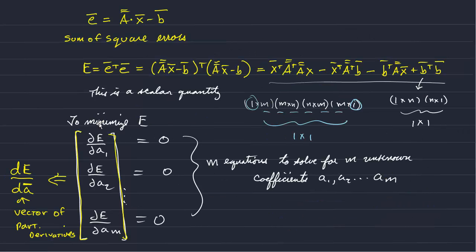And our sum of square misfits is described by this matrix equation, and we're going to minimize that by taking the derivative with respect to each of our coefficients and set those equal to 0. So we are left with m equations to solve for m unknown coefficients. And in the next video, I'll complete the solution to the problem.